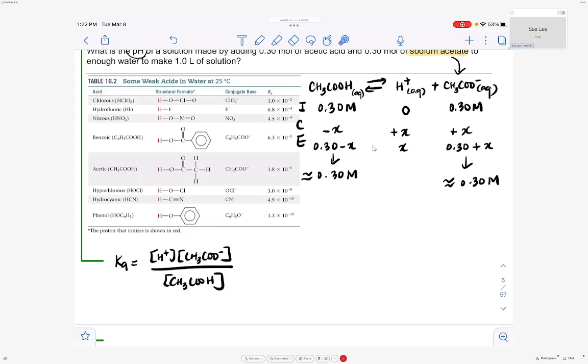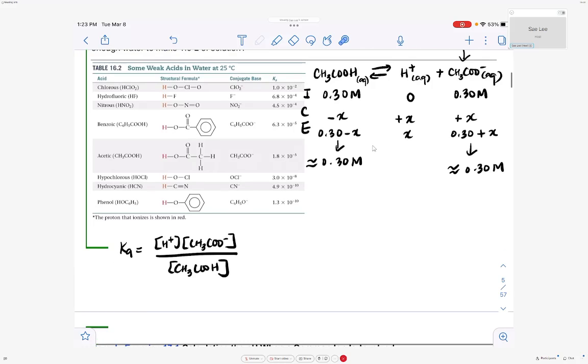So to make it more clear, we will ignore adding the extremely small value of X into the 0.3 molar of acetic acid and 0.3 molar of the acetate. We're going to ignore adding this extremely small value into the concentration of acetic acid and the acetate.